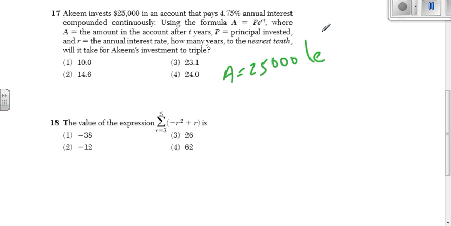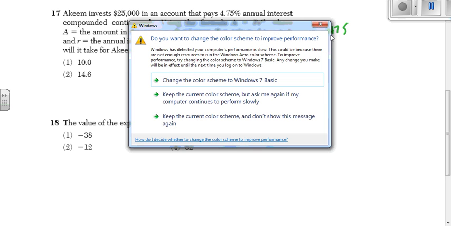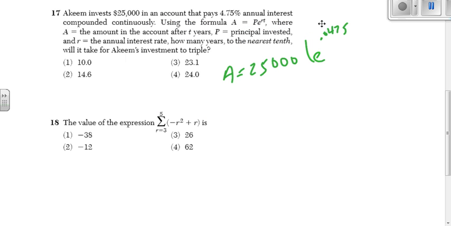We want to know the interest rate is 0.0475, and the T is how long are we doing this for?